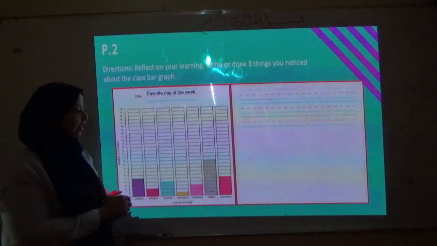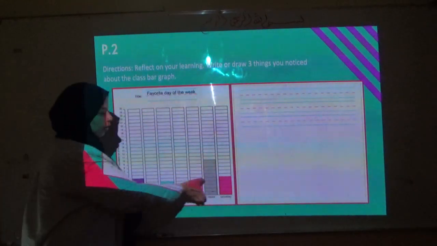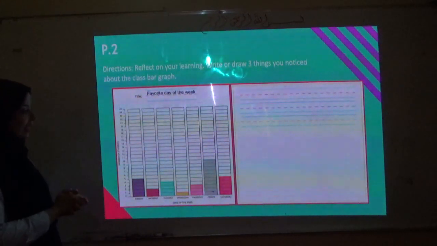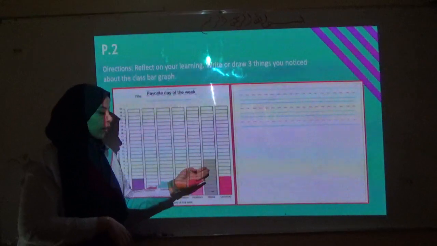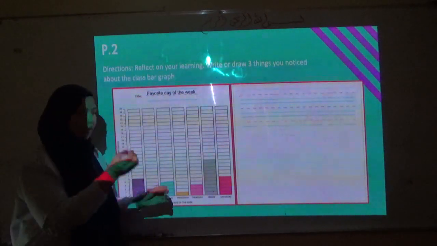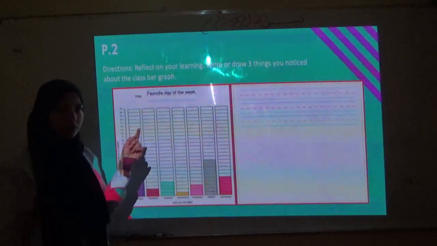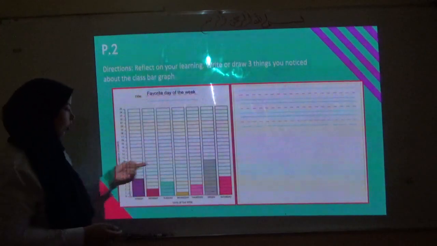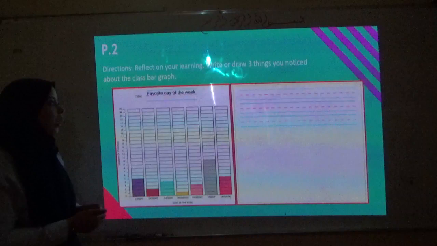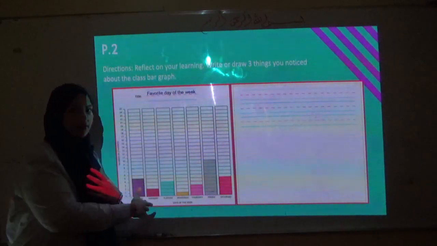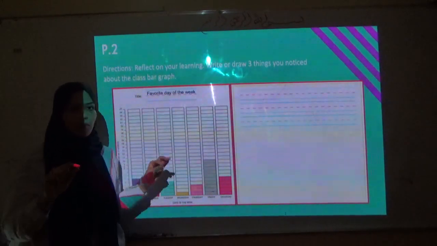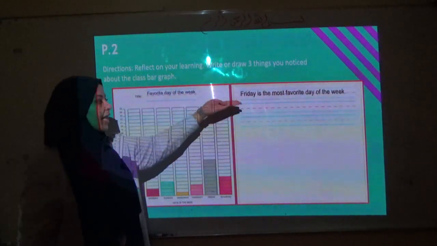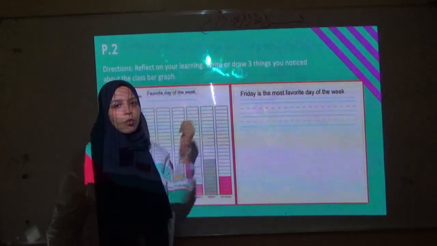Here, as you can see, looking at the bars displayed in the graph, the gray one, the first one that catches my sight because it's the tallest one, the greatest one, is equal to 10 students. So I can write this in a sentence form as: Friday is the most favorite day of the week.